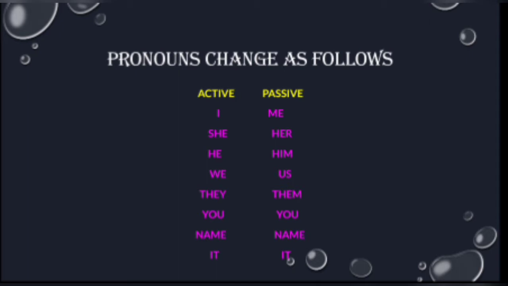We have a few changes while we are changing the voice. In the active form, we have all these pronouns, but when they take the passive form, they change. A few pronouns remain in the same form. Let's see. I is I when active, but in the passive form it is me.